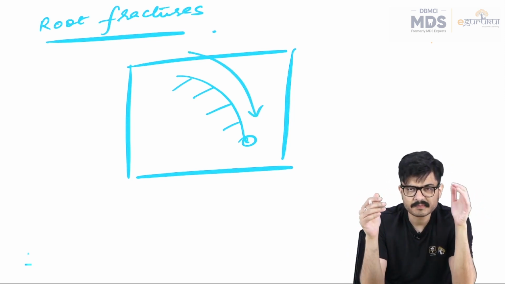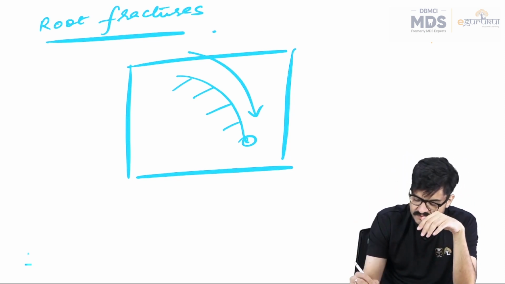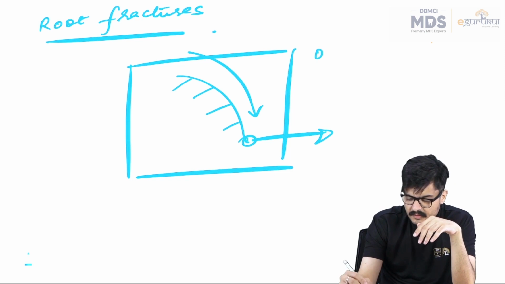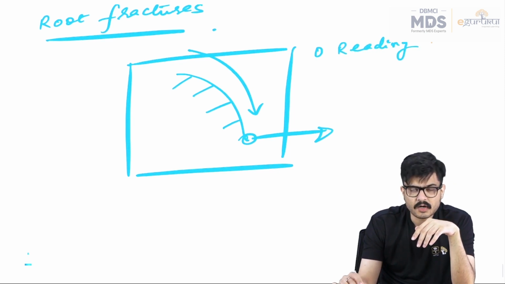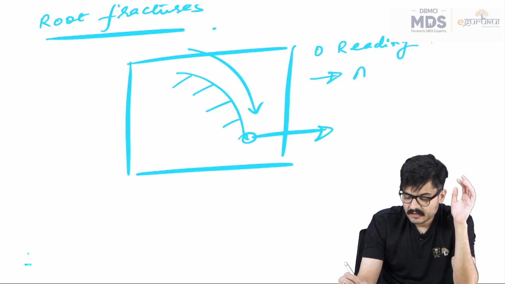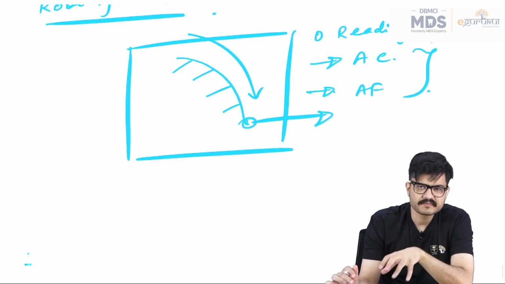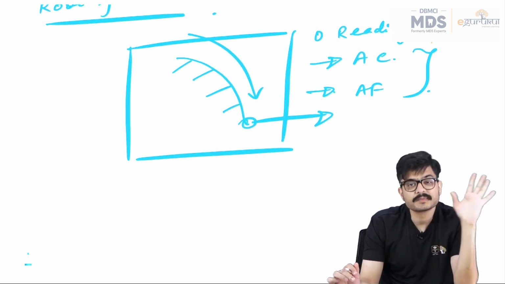The file is advancing from the coronal to the apical part of the root canal. Now what does the zero reading on the display screen of the apex locator signify? That was the question. Does it signify the apical constriction? Does it signify the apical foramen? And some other options were there, but these were the two most important and confusing options.